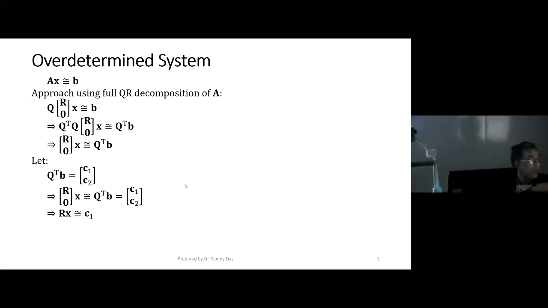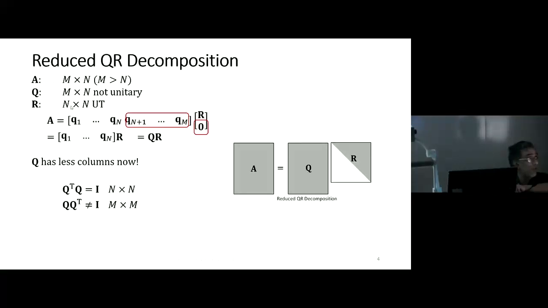Okay, but how many rows does this have? Remember, in full QR decomposition, R is simply an upper triangular matrix. This is reduced, but it's the same thing in the full.